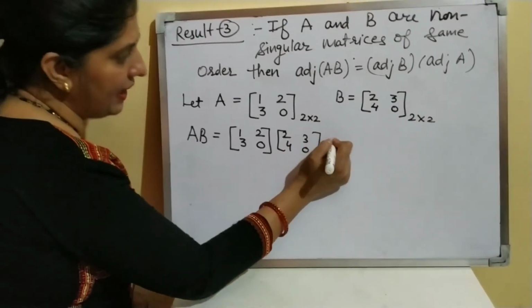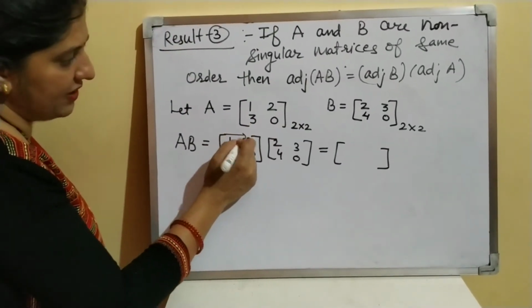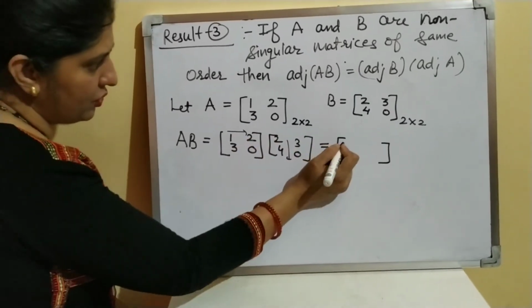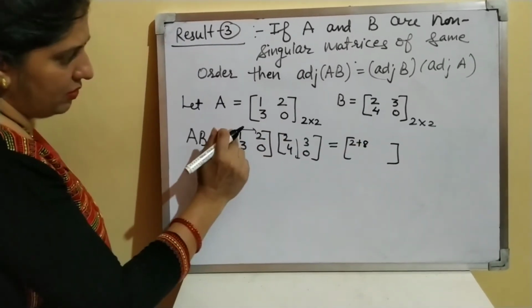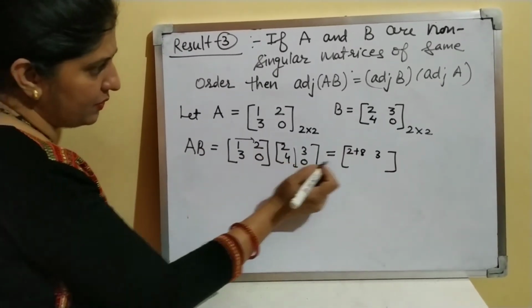Now just multiply A and B. Multiply first row with first column: 2 into 1, 2, plus 4 into 2, 8. First row with second column: 1 into 3, 3, plus 2 into 0, 0.